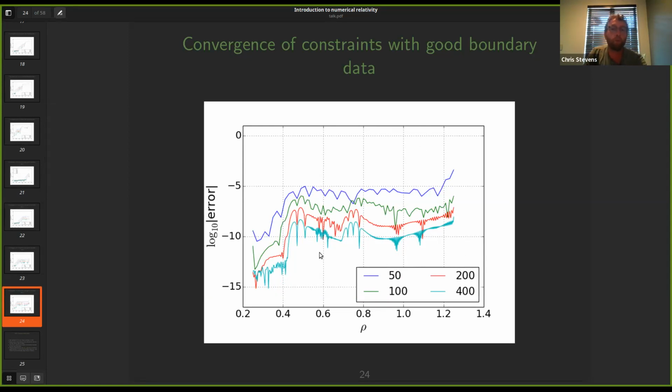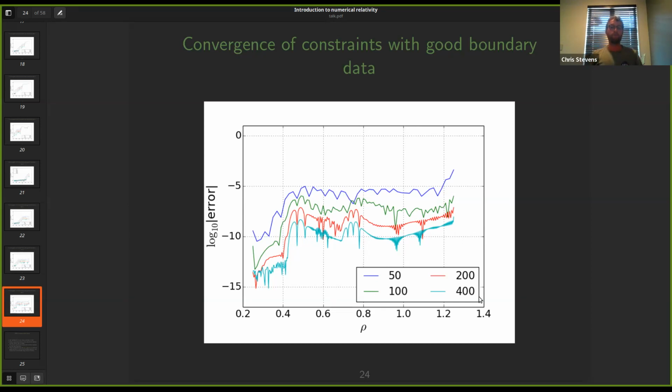This is what we would like to see. This shows the constraints across the entire radial grid in this case. As we increase the resolution, the constraints are approaching zero, down to machine precision. And of course, the difference between these curves has information about the order of the method. That's something that you'll plot in your labs this afternoon.